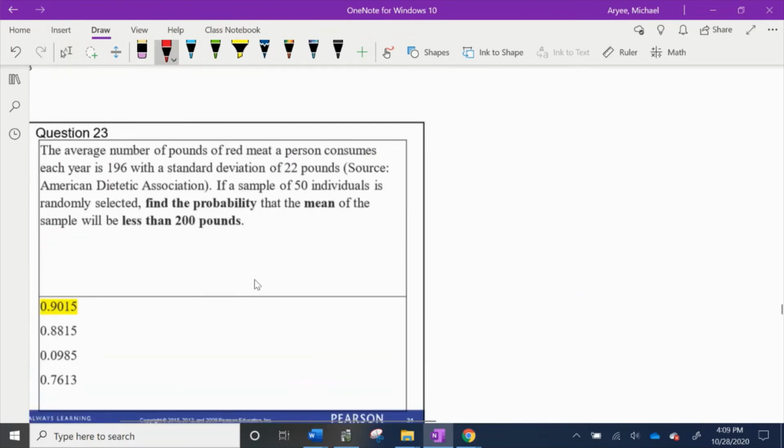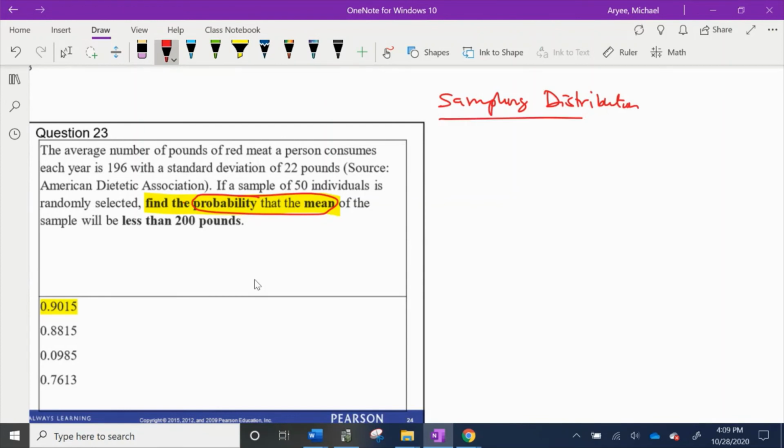Okay, so let's see. We have this question. They want us to find the probability of a mean. When the question is asking you to find a mean, it is automatically a sampling distribution question.